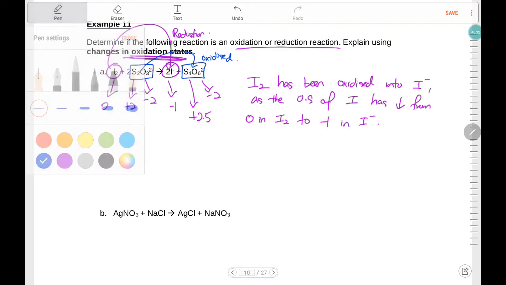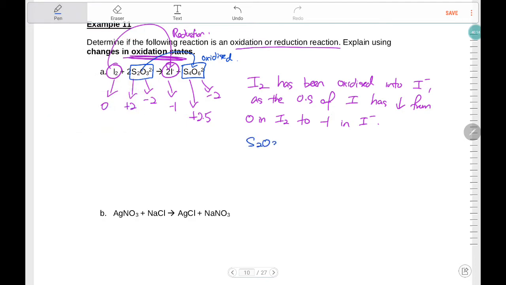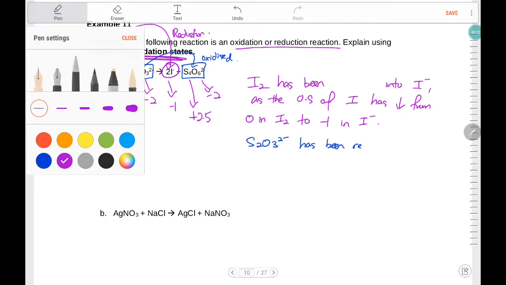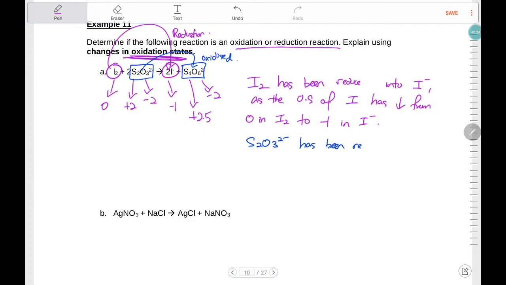On the other hand, S2O32 minus, sorry, I2 has been reduced into I minus as the oxidation state of I has decreased from 0 to -1.